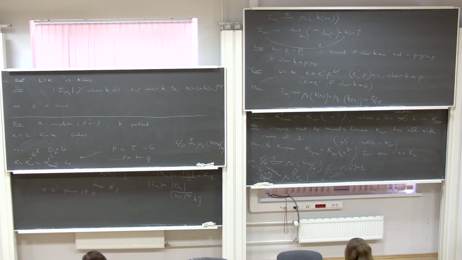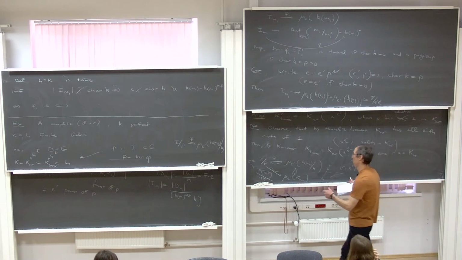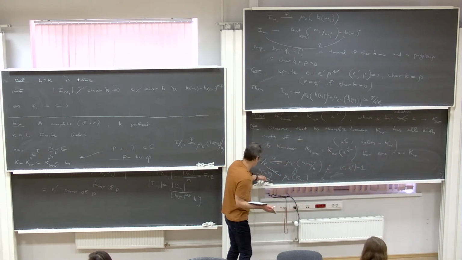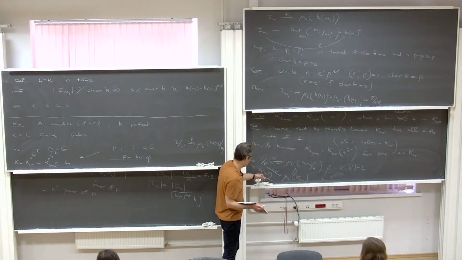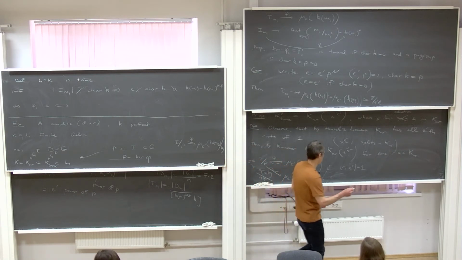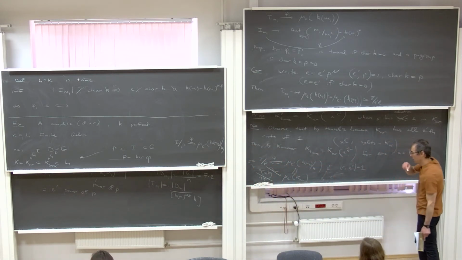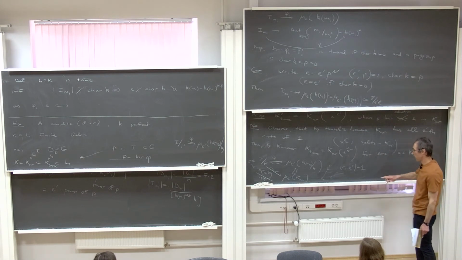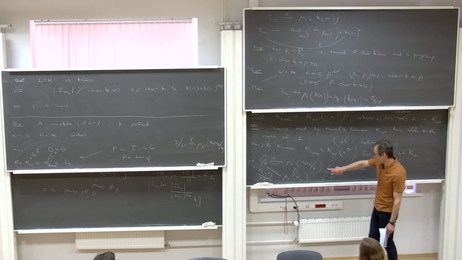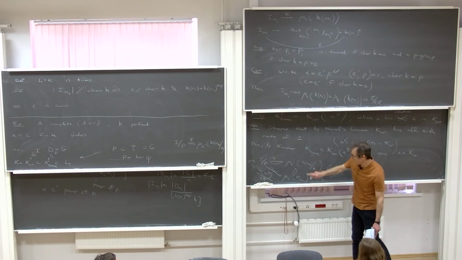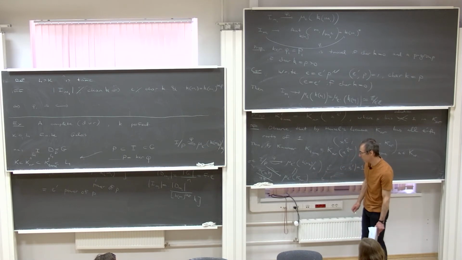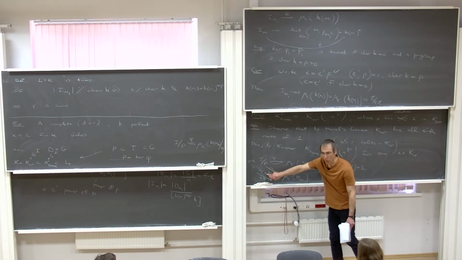But now I claim that... what does it mean? It means that, so what does it mean that this diagram, so if I consider these homomorphisms here, the diagram is going to be commutative, and what does it say about the valuation of A?